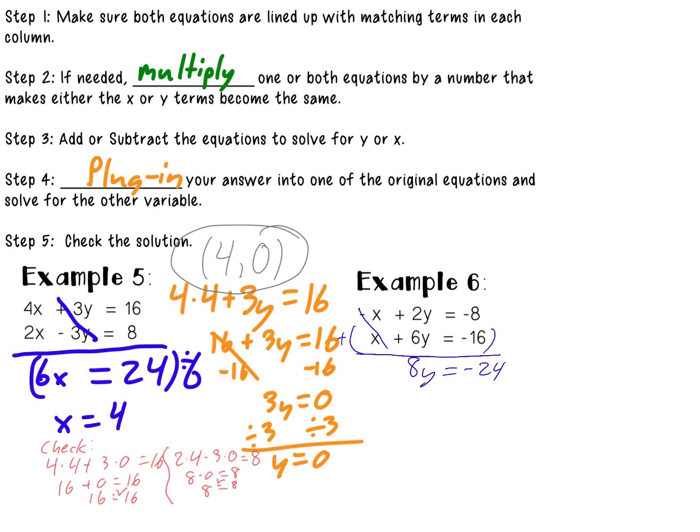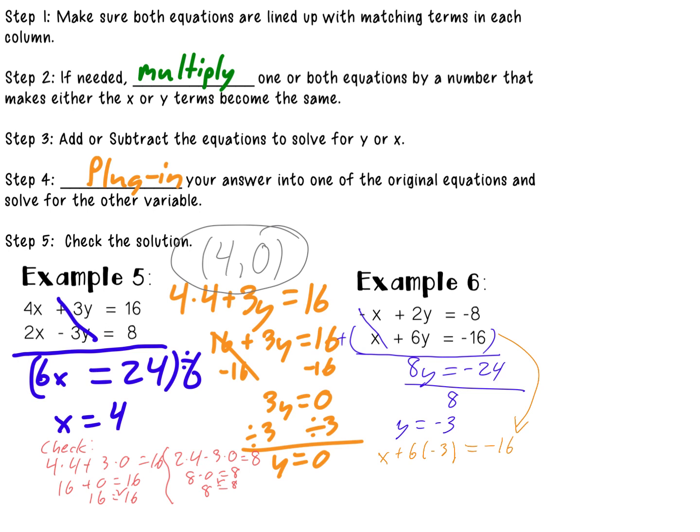Now, what are we going to do with that? Well, we need to solve for y. So we're going to divide everything by 8 and get y is equal to negative 3. However, we're not done yet. We still need to plug that y equals negative 3 in and solve for x. So we have x plus 6 times negative 3 is equal to negative 16.